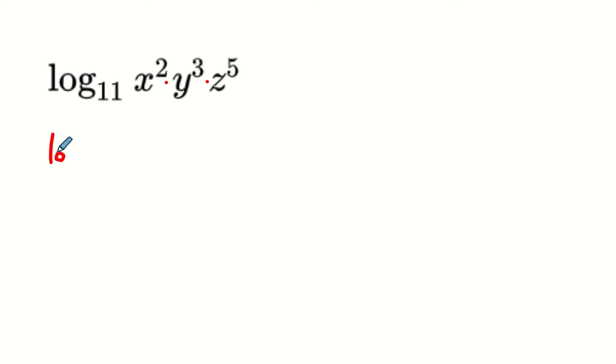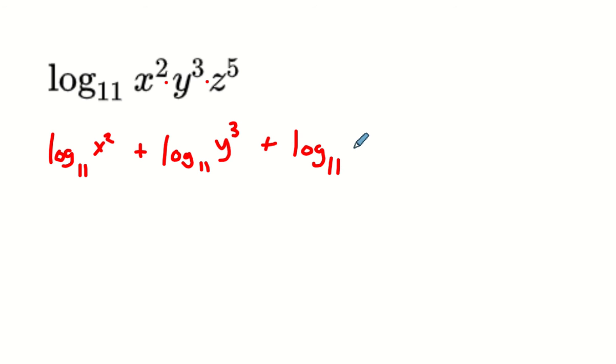So it'd be log base 11 of x squared, trying to write fast, plus log base 11 of y to the third, plus log base 11 of z to the fifth. Because we're multiplying three different things, we're going to have three different logs, making all of those addition.